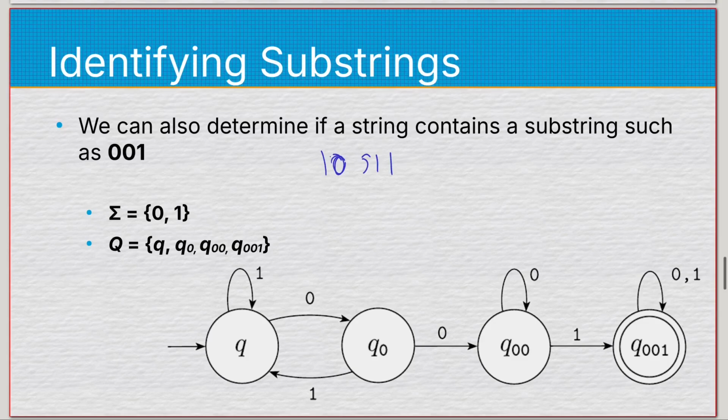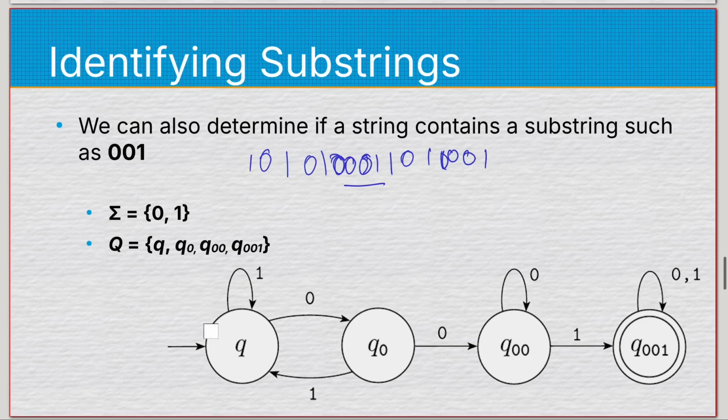If I change this to 0, this actually should accept because we can see it right there. Okay, so 1, 0, 0, 0, 1, 1. That's perfectly fine. Now we don't care what comes before or after.